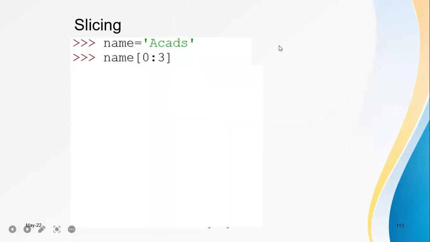So what is the answer here? ACADS sliced between 0 and 3. What is the answer?